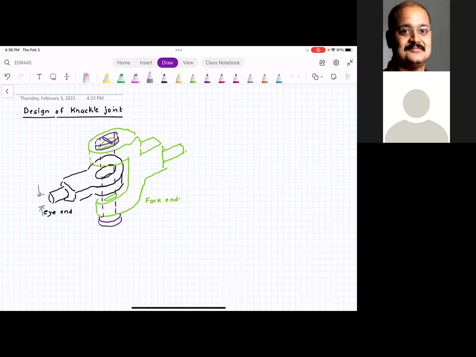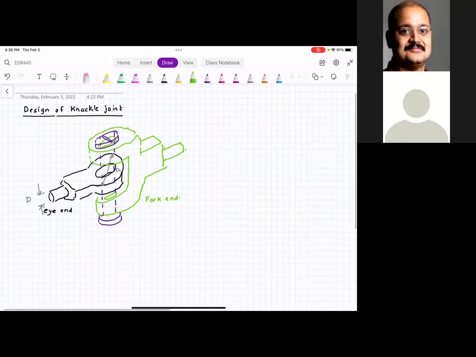This dimension is D. This dimension is D1. Same dimension will be on the eye end. Same dimension will be on the fork end. It would be something like this.